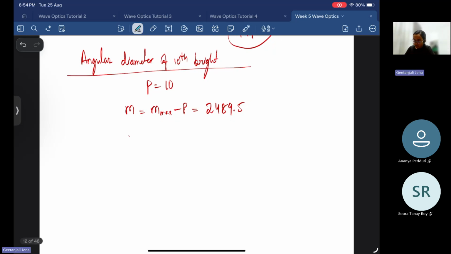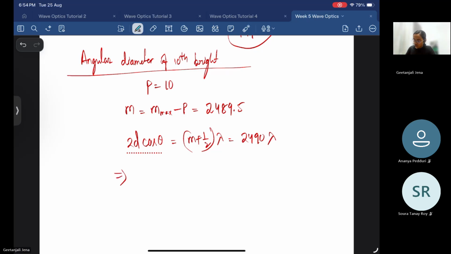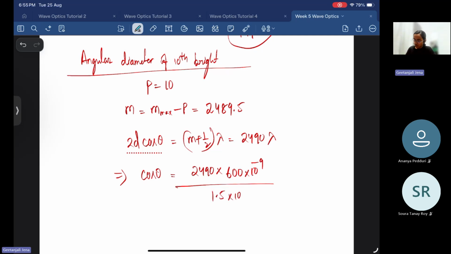So that means to find out theta, 2D cos theta is m plus half lambda, which will be 2490 lambda. So cos theta is 2490 times wavelength 600, over 2D, which is 1.5 times 10 to the minus 3.